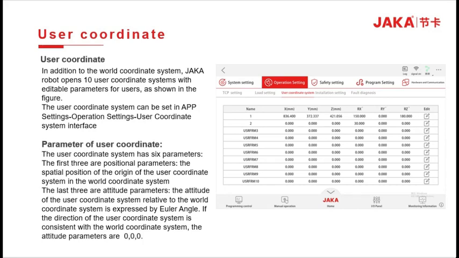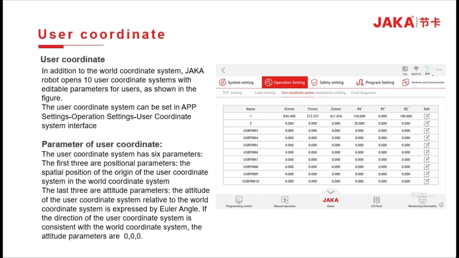User coordinate systems, in addition to the world coordinate system. Jaka opens up to 10 user coordinate systems with editable parameters for the user. As shown in the figure, in our app settings, this is the set user coordinate system operation interface. You can set the parameters of the user coordinate system with 6 parameters.